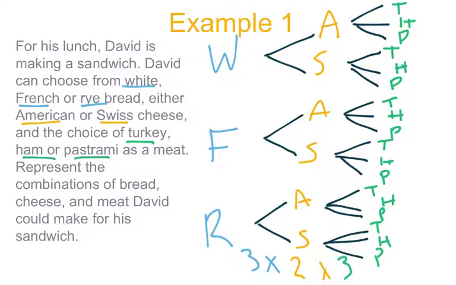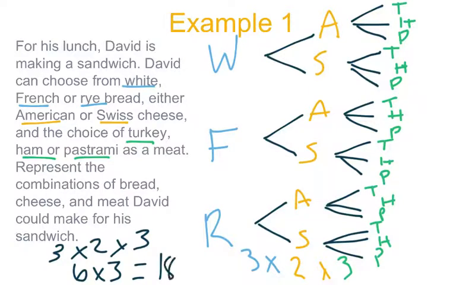So 3 times 2 times 3. 3 times 2 is 6 times 3 equals 18, right?